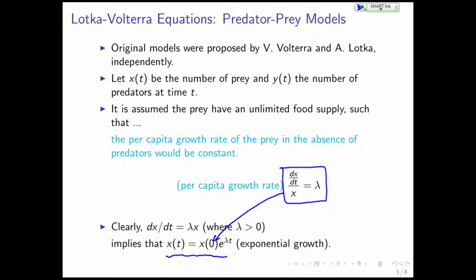In the absence of predators, the population of prey has an unlimited food supply, and because of that food supply with no limits, that population is destined to grow exponentially, right?